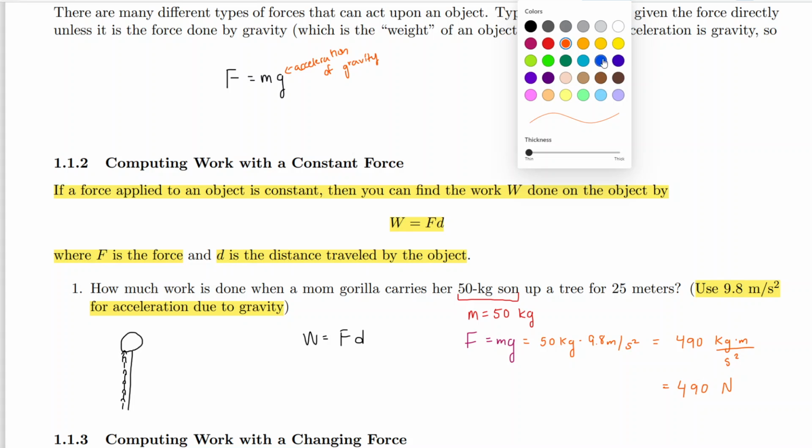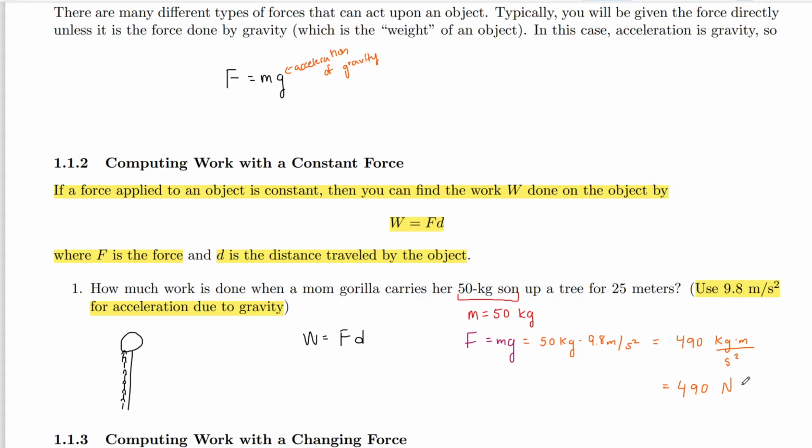Now, if you're not familiar with that, you can think of it as just the letter N, but one of these is called a Newton. And it's just named after Isaac Newton. He pretty much discovered a whole bunch of things about physics and gravity and acceleration and forces and everything like that.